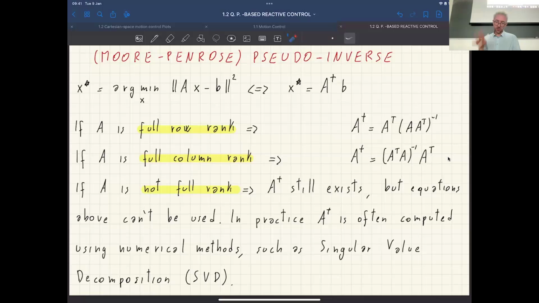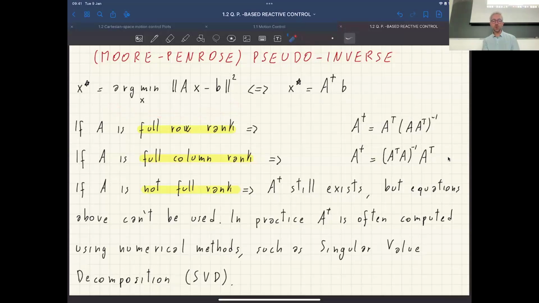Okay, so that's of course for solving a least square program without constraints, which is not what we care about. We care about solving the problem when we have constraints. That's much more useful in robotics.